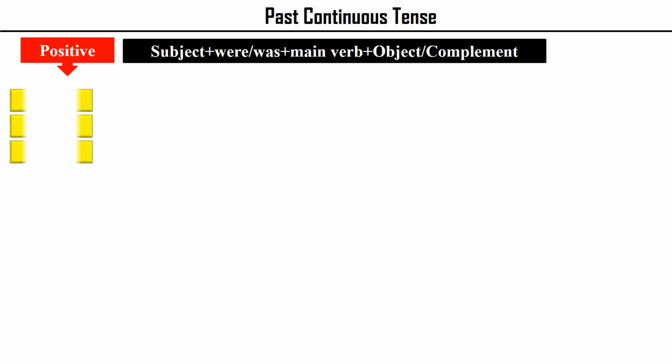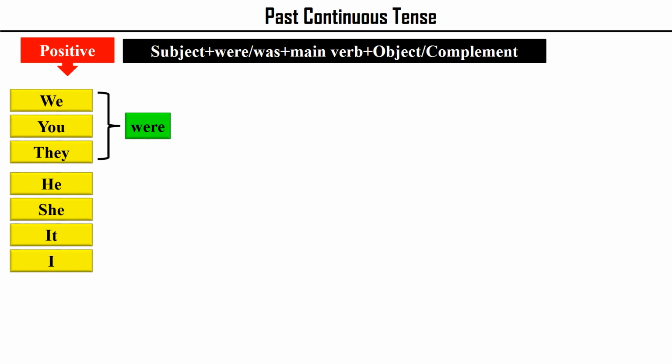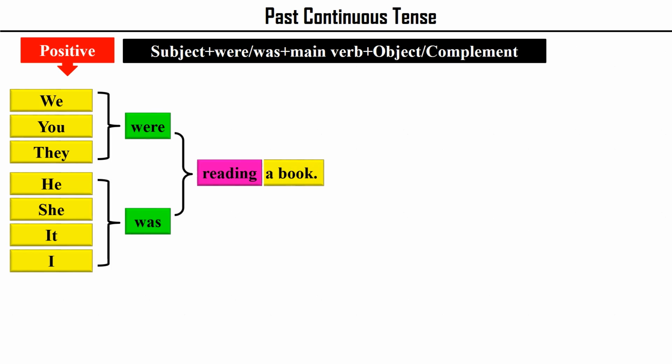Positive: subject we, you, they plus were, he, she, it, and I plus was, plus the ing form of the verb plus object. We were reading a book, you were reading a book, they were reading a book, he was reading a book, she was reading a book, it was reading a book, and I was reading a book.